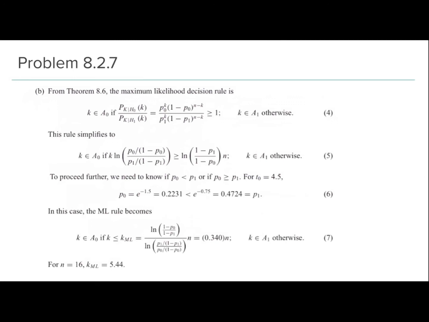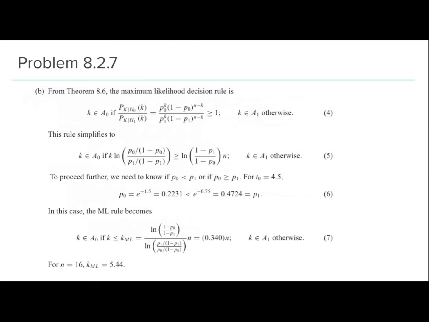So when we divide the two, nCk gets cancelled, and what remains is p naught raised to the power k into 1 minus p naught raised to the power n minus k divided by p1 raised to the power k into 1 minus p1 raised to the power n minus k should be greater than or equal to 1, right?